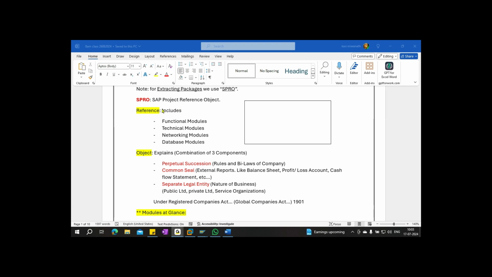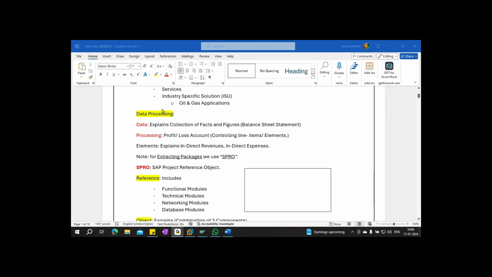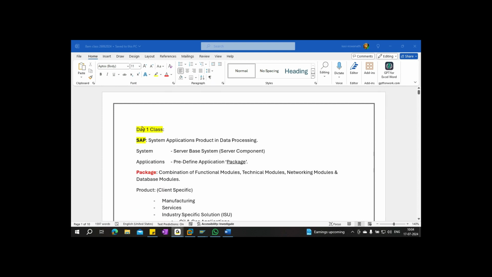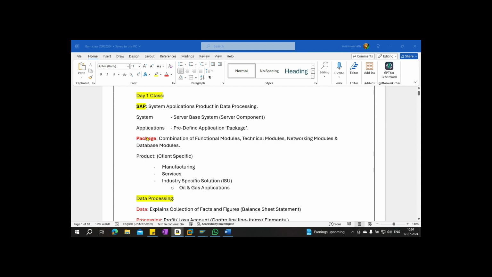Now, I mentioned the word SAP. Let me abbreviate what is SAP. Heading SAP: system, applications, product in data processing.